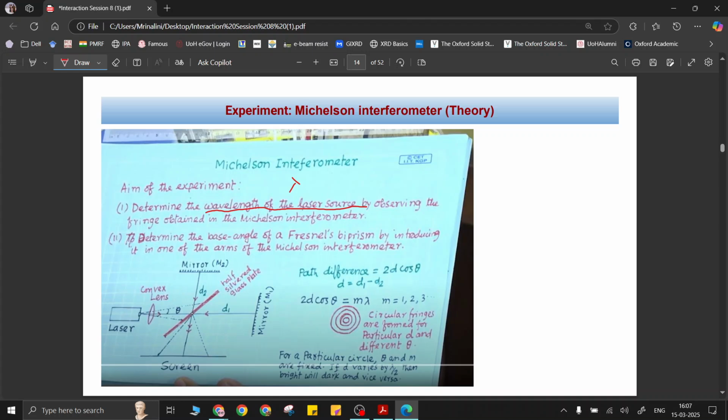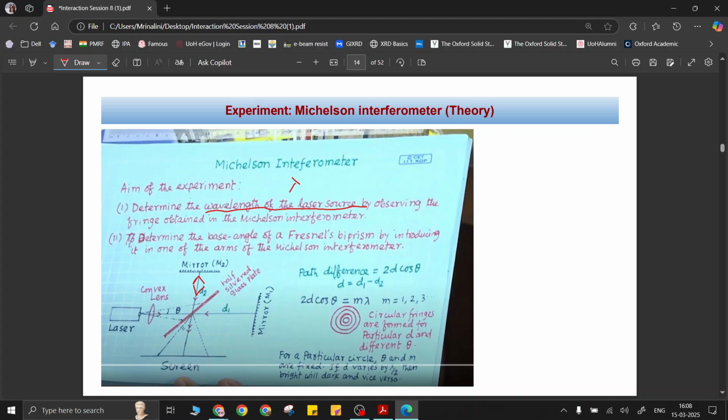Now the one which got reflected from the half silvered glass plate will go and hit mirror M2. Since it's completely polished, it will not transmit, but all of the light hitting here will come back and pass through here.